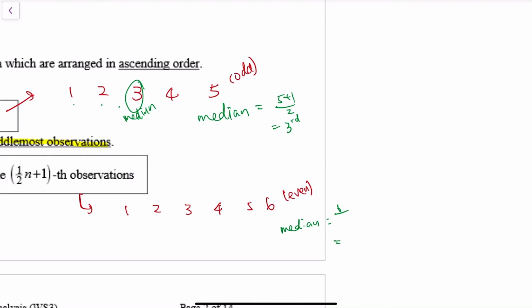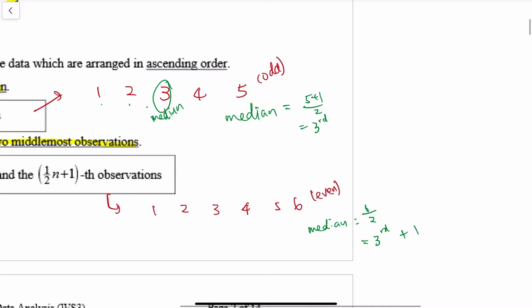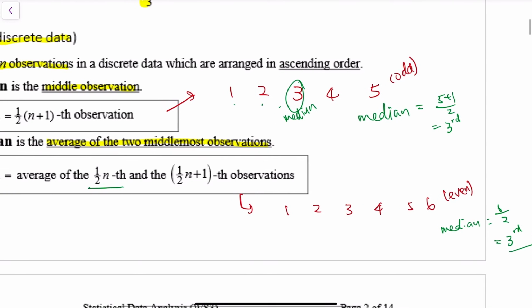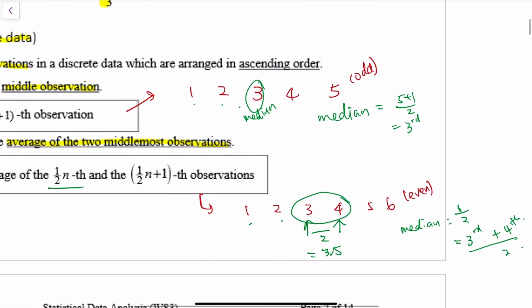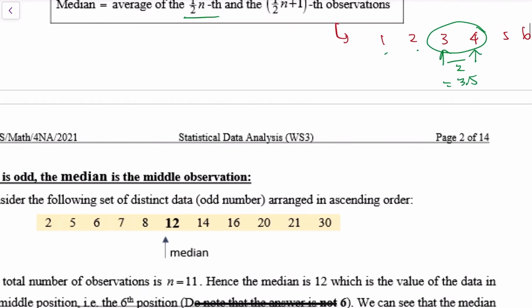This one, divide by 2, I get the third number, then after that I need to plus 1. I need the fourth number and divide by 2. So 1, 2, 3, the third number, the fourth number, these two add together, divide by 2. So I get that this is 3.5. Okay, so this is how you find the median of even number data.